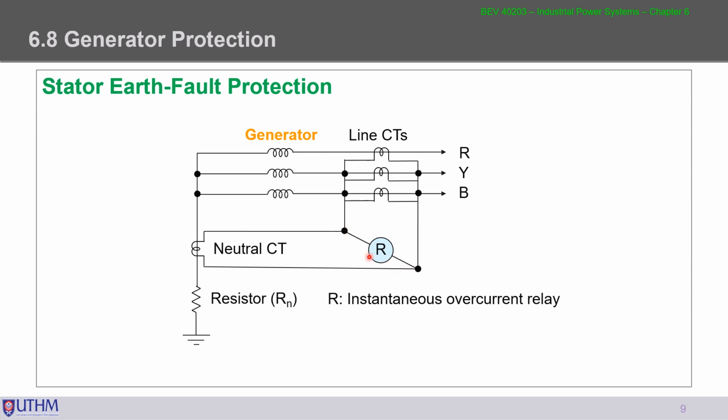The relay is connected between the line and neutral side. This one is the neutral side, and here is the resistor, which is represented as Rn. R represents an instantaneous overcurrent relay.